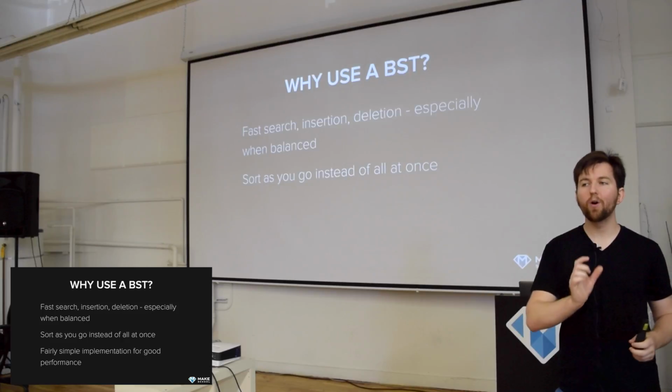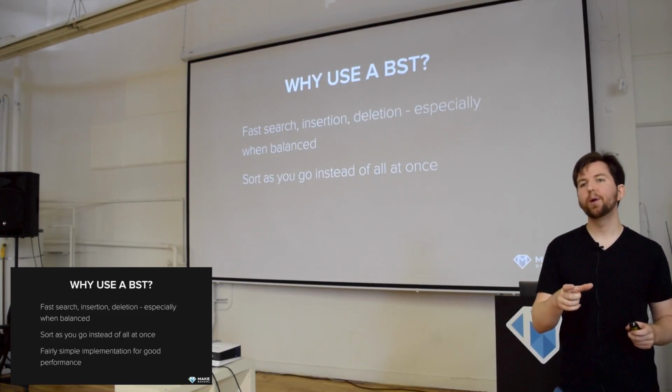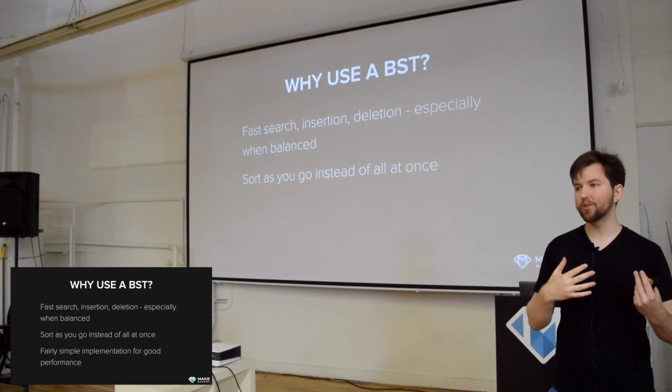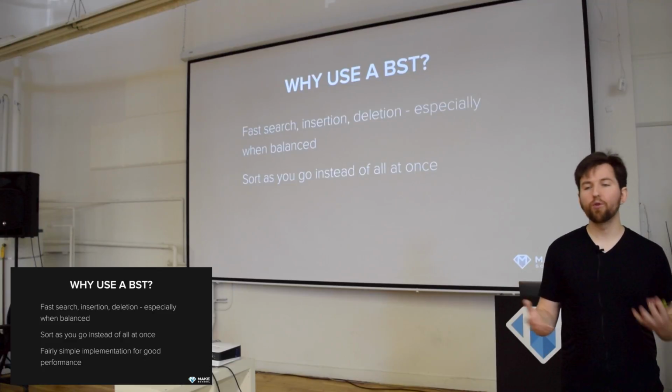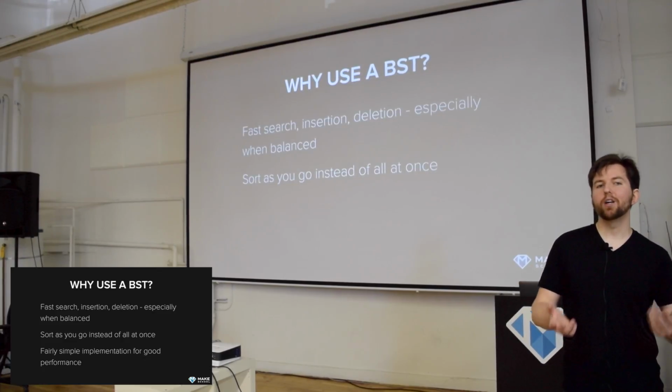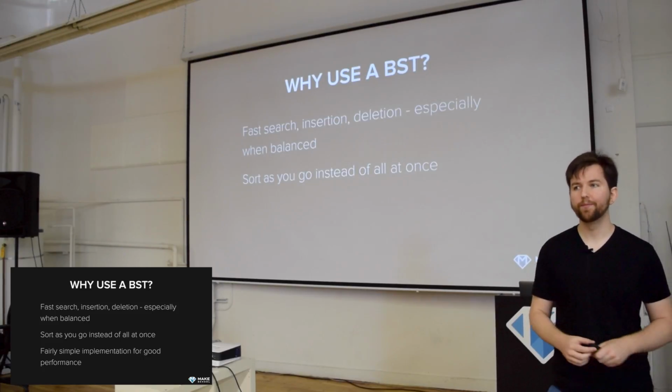So you pay a small cost when you insert to maintain the sorting order, but that means later when you want to read it back sorted, it's already done. You don't have to run a sort algorithm on 4 billion items because your binary search tree of 4 billion items is already sorted once you create it.